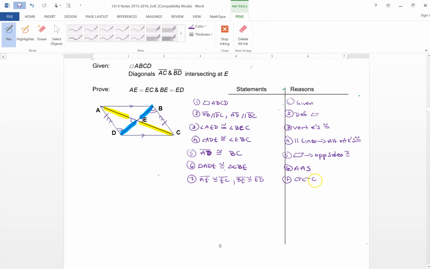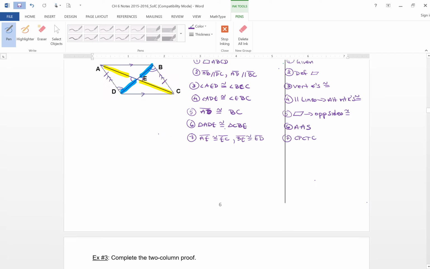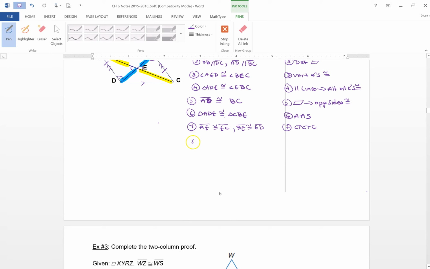Are we done? Why? What's the next one? There you go. We want them to be equal, not congruent. So the next step is AE is equal to EC, BE is equal to ED. Definition of congruent segments. Such an awesome proof.